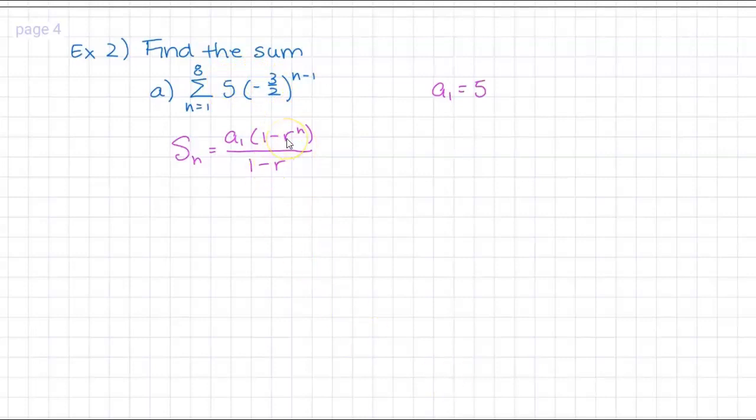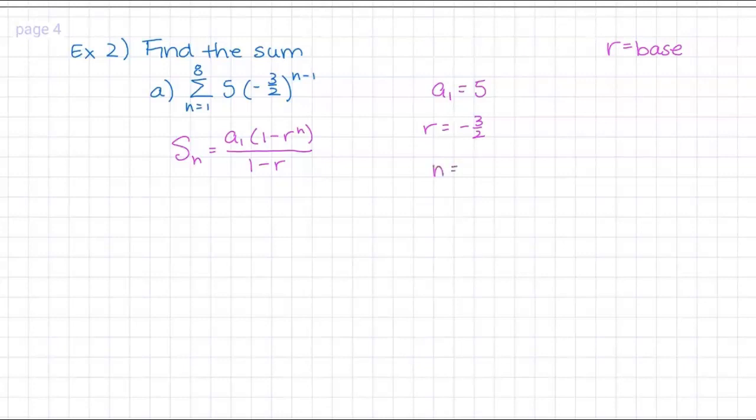r is easy to spot. r is always your base. Because remember, r is the thing you're multiplying by each time, and the base is the thing you're multiplying by each time. So just look at your base. Your base is negative 3 halves. So now we're ready to plug in. Oh, how many terms are there?